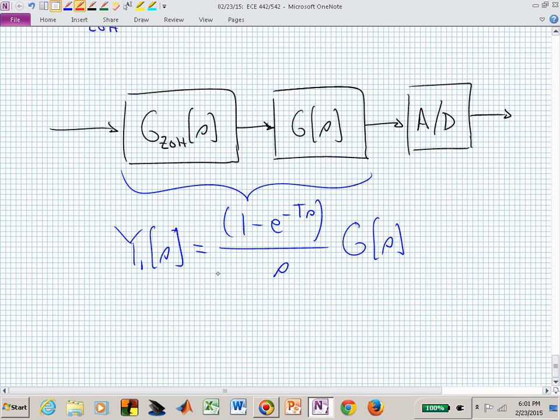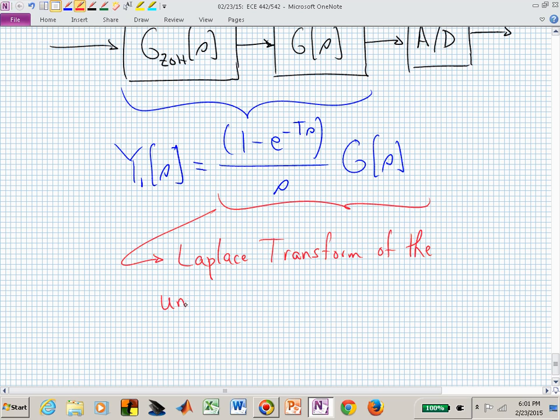And this is the Laplace transform of the unit pulse response of the system.